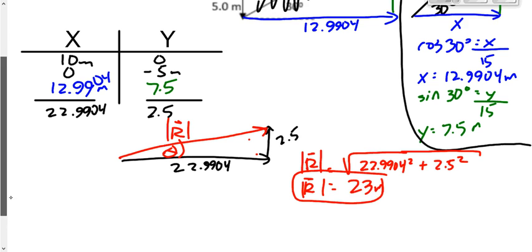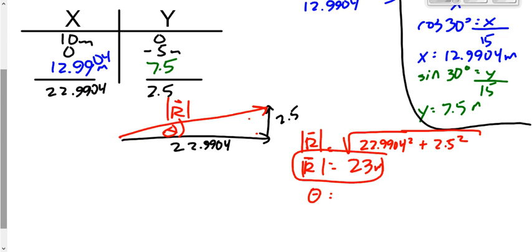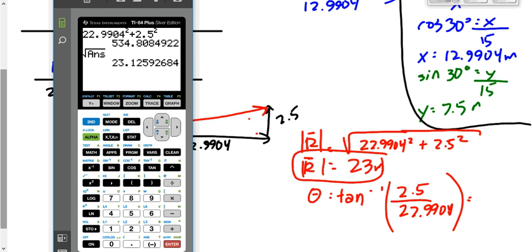And theta is the inverse tan of opposite over adjacent. What's the opposite side of the triangle here? If I take a look at this triangle right here, the 22 and the 2.5, what's the opposite side of the triangle? Is it 22 or 2.5? Good. So it's the inverse tan of 2.5 over 22.99.